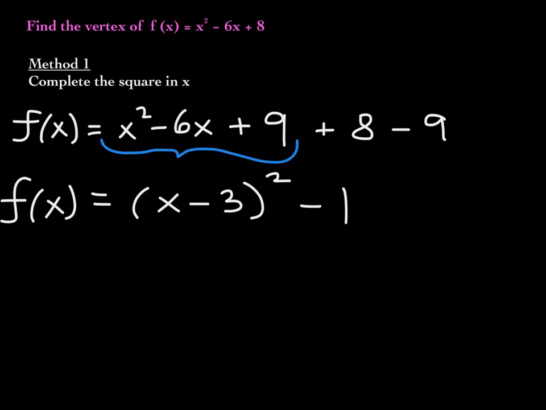Okay? All right, everybody. I want to remind you that whenever you have a trinomial, three terms, and it's a perfect square, I know this is a perfect square trinomial because we completed the square, it always factors as a square of a binomial, a square of two terms, okay? So 8 minus 9 is -1.